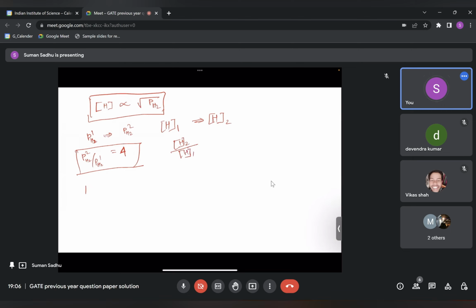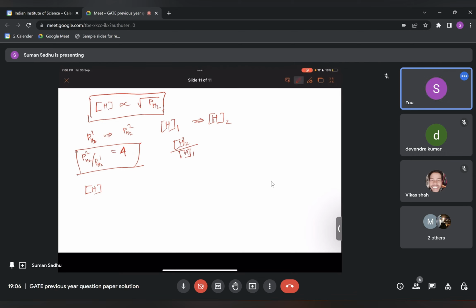So now if you simply write the equation from Sievert's law, H1 over root of pH2 1 is equal to K. This is the constant K, and H2 over root of pH2 2 will also be K. This constant will be the same for a constant temperature and pressure. So this K will not change. K will be the same.